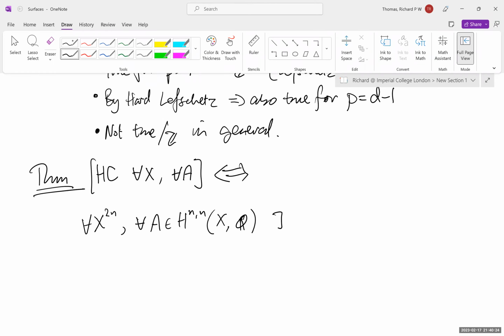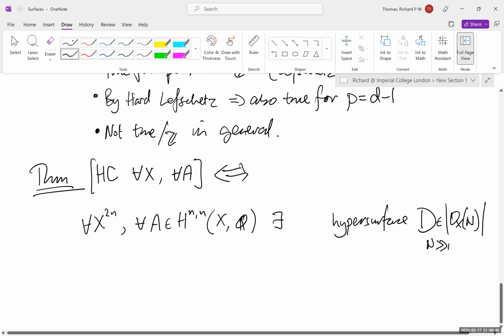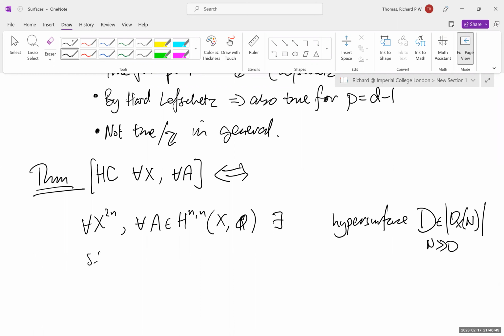So there exists, I'm going to leave a gap, but it's true without the gap, a hypersurface D such that A is in the image.